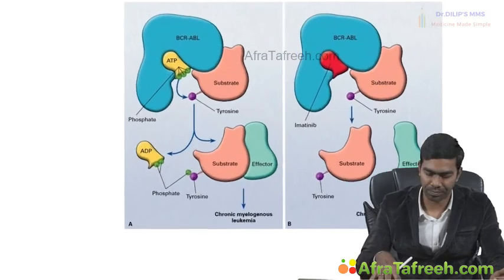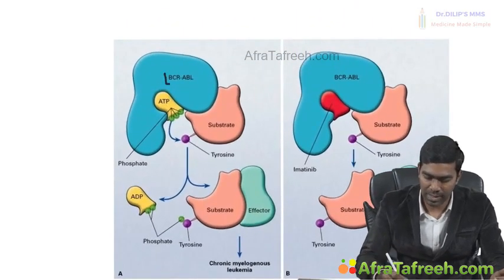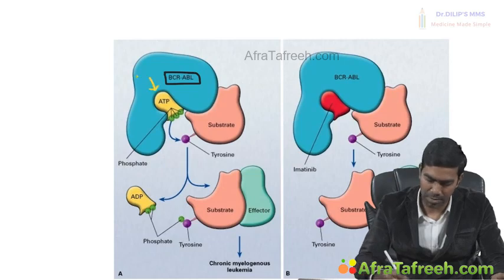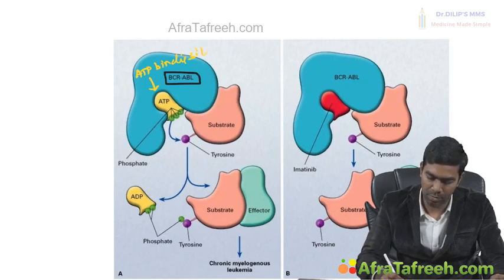So let us see the diagram of how they are going to work. Number one, this is the BCR-ABL fusion kinase. You can clearly see this is not an original ABL kinase, which is a normal protein, but a BCR-ABL fusion kinase protein. Here what you are seeing is the ATP binding site of the protein.